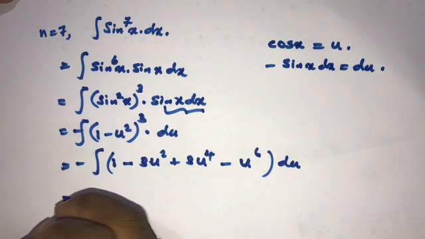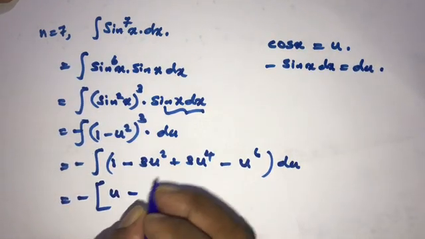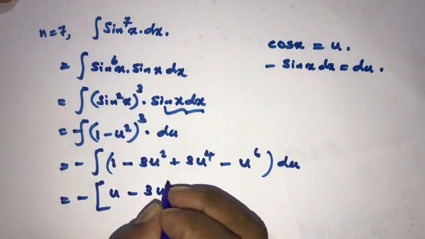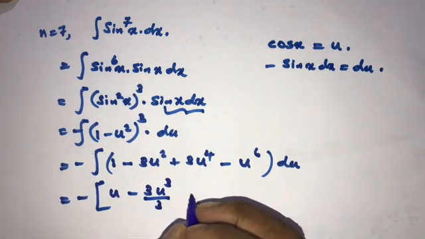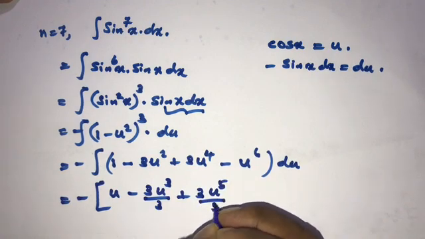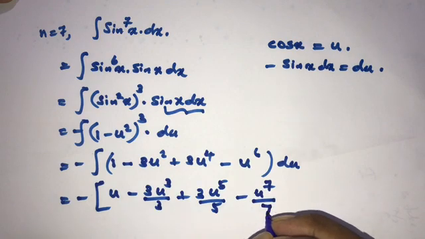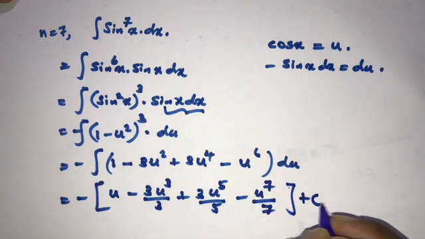Now by integrating, minus u minus 3 times u to the 3rd power over 3 plus 3 times u to the 5th power over 5 minus u to the 7th power over 7 plus c.